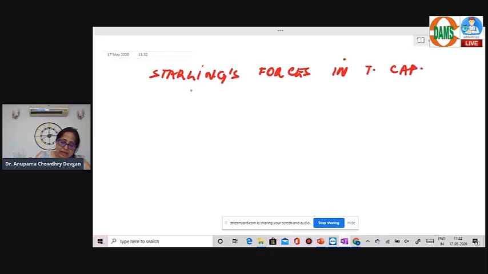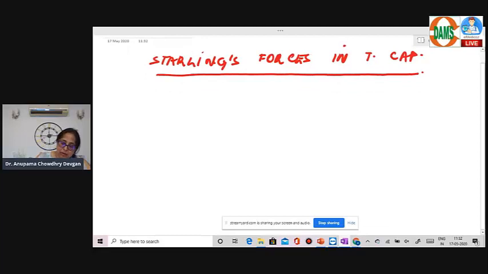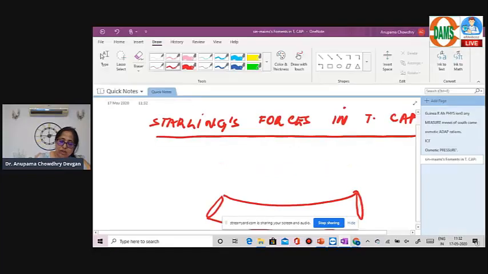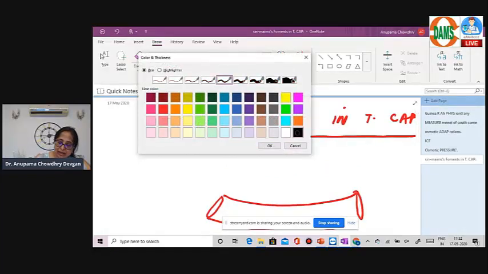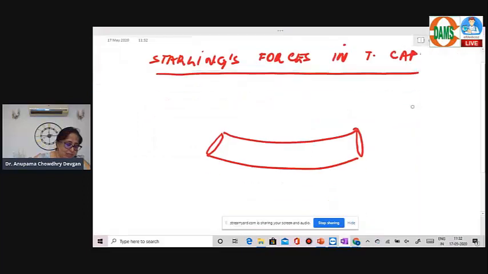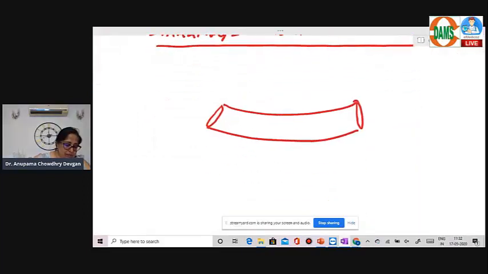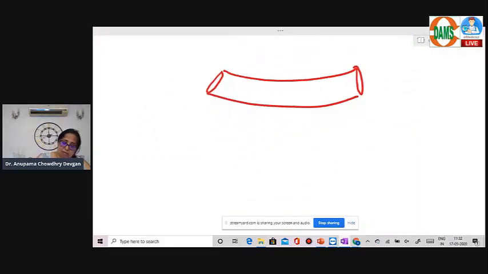When you look at a tissue capillary, there are two important forces which act in a tissue capillary. There is a push force and there is a pull force.